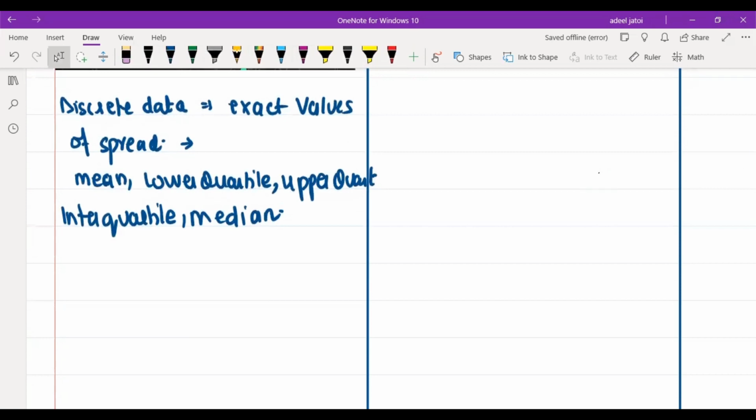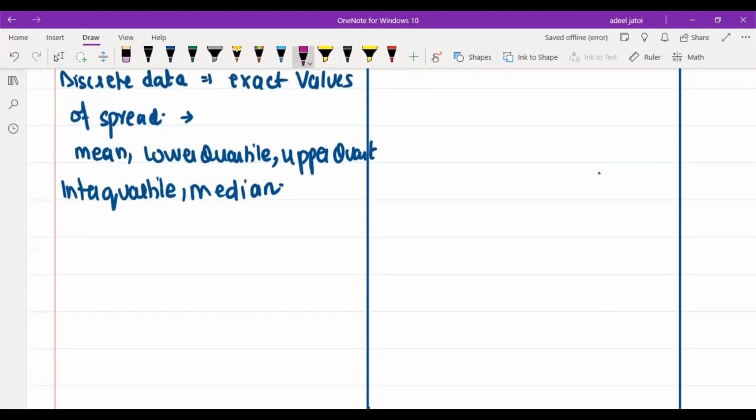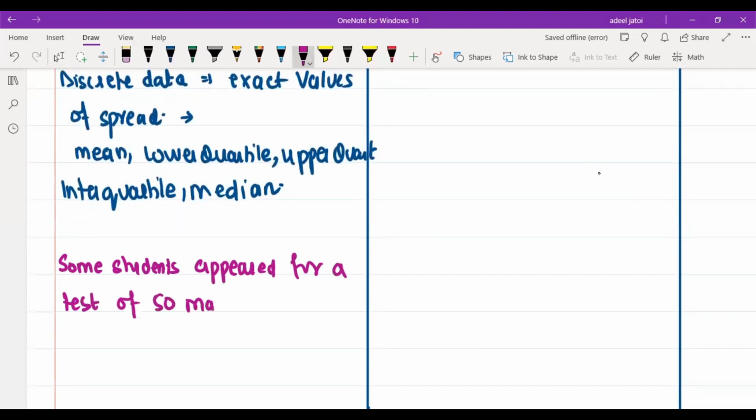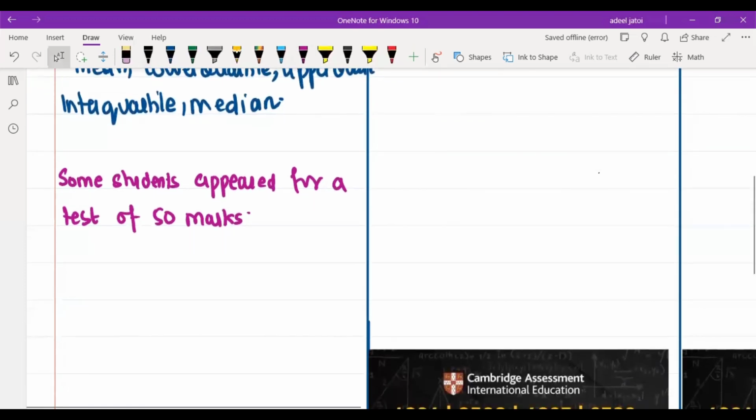let's just pull down an example question. Some students appeared for a test of 50 marks. Your marks are as follows.